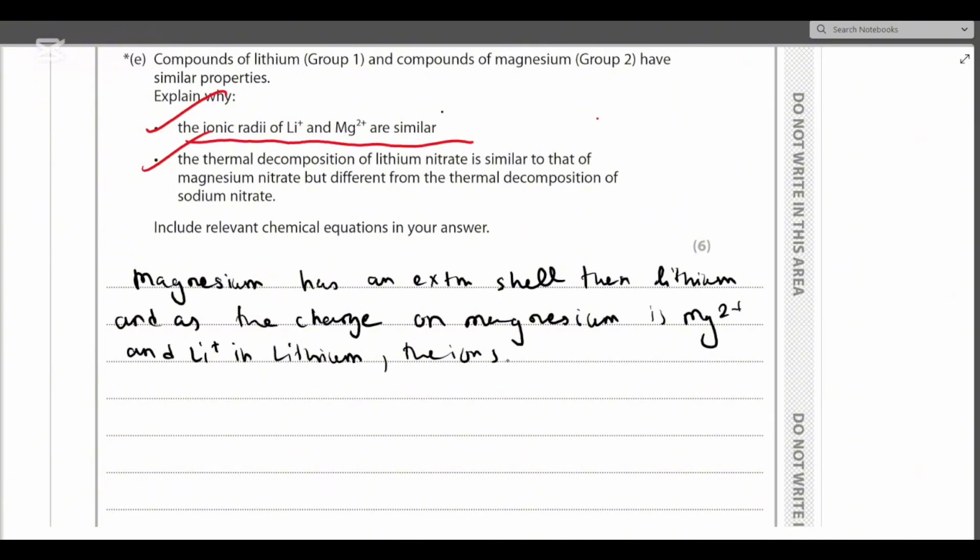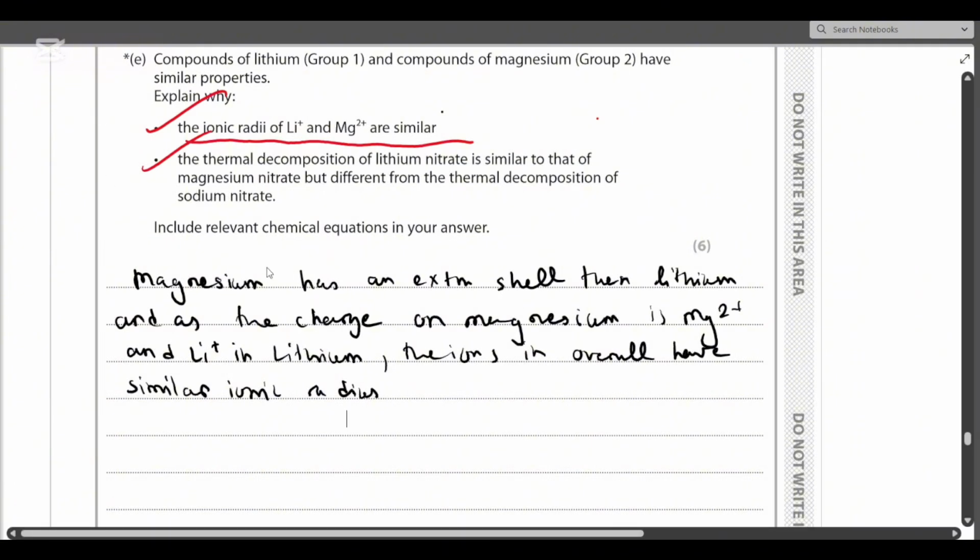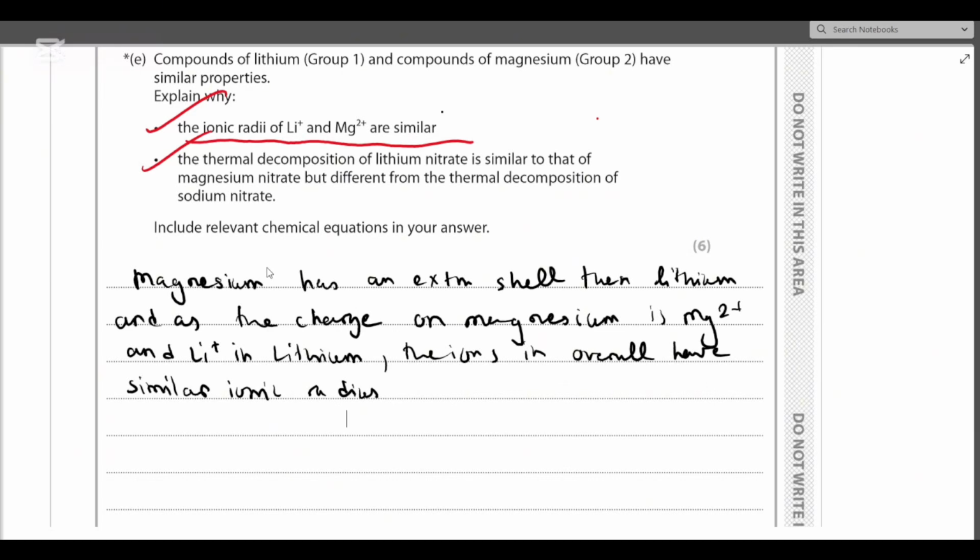the ions overall have similar ionic radius. Yeah, that is of course a no-brainer, because one of them has one extra shell basically.